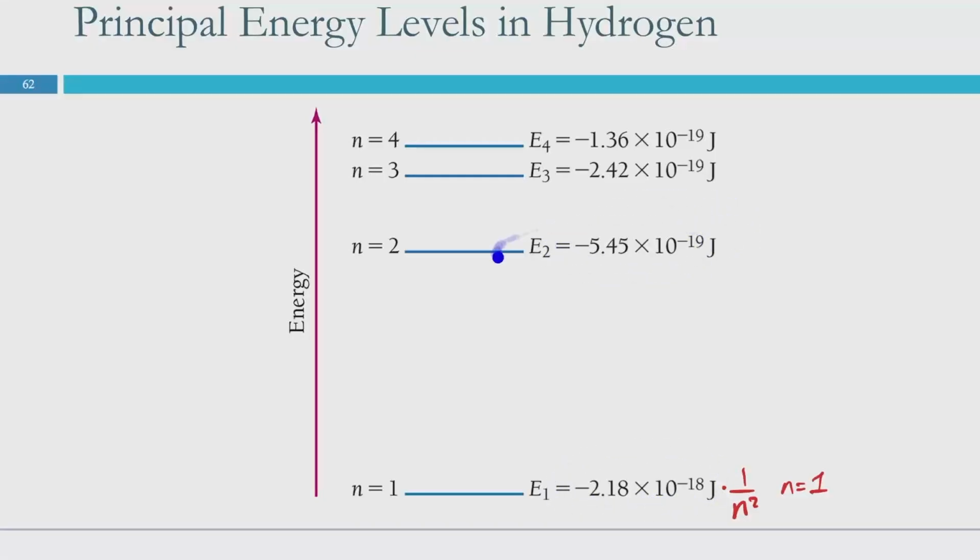When we go up to the second energy level, this is minus 2.18 times 10 to the minus 18 joules times 1 over 2 squared. So it gets cut to a fourth. And then this one is 1 over 3 squared, which is 9, 1 over 4 squared, which is 16, and so on and so forth.